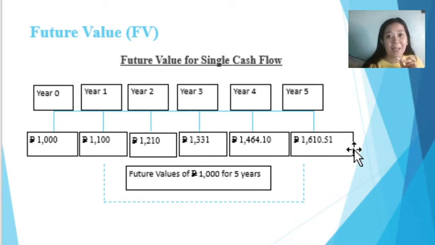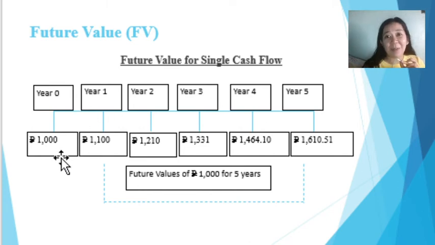But now it has a future value of 1,610.51 because of the time value of money. It increases because you placed that money into an investment. However, if you did not place an investment in the current period, you cannot earn anything, so you will not have this 1,610.